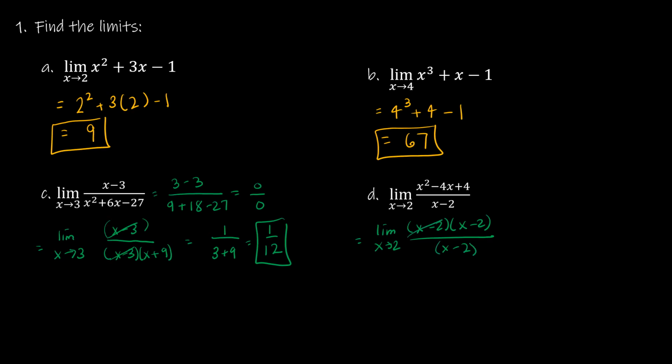Obviously one of those factors will cancel, so this is now just the limit as x approaches 2 of x minus 2. So I'm going to get 2 minus 2, which is of course 0. So the limit is 0. Again, we would have a hole in that function, but we're not worried about the value of the function, we're worried about the value of the limit.